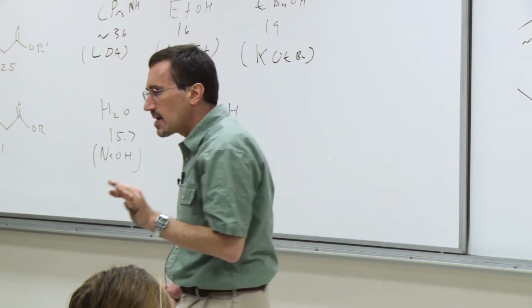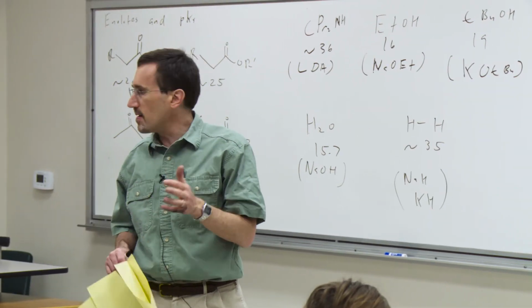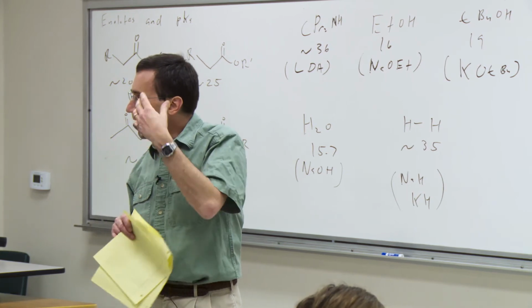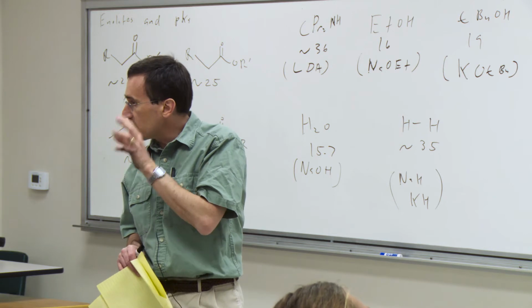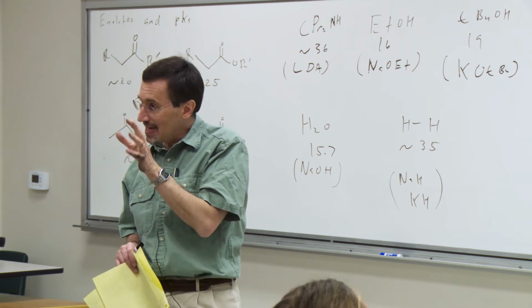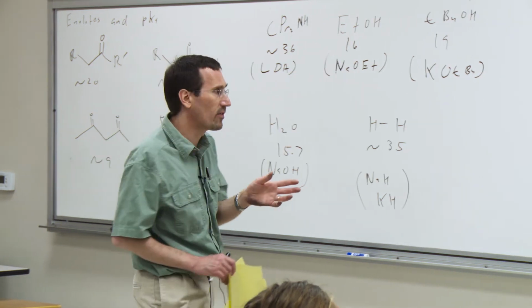And when you're thinking about enolate generation, a number that I like to keep in mind for whether you have an appreciable amount is about 10 to the 10th for an equilibrium constant, about 10 pKa units difference.